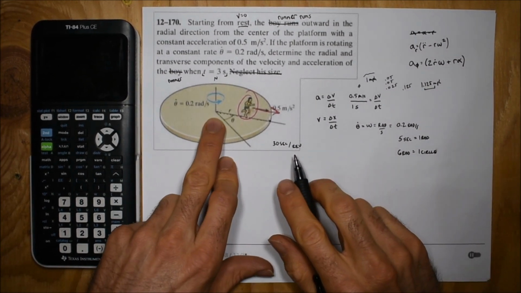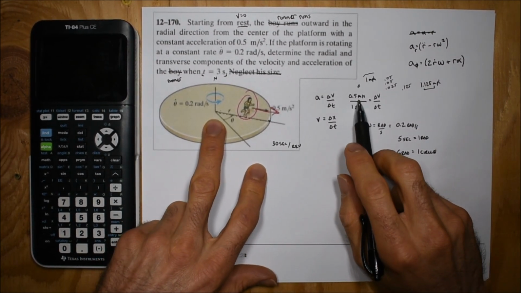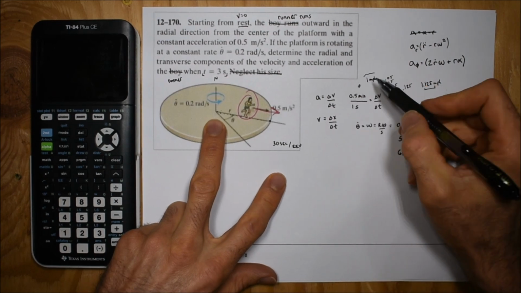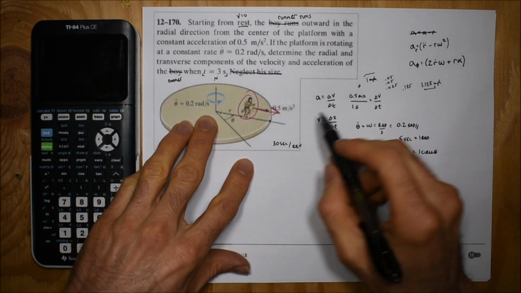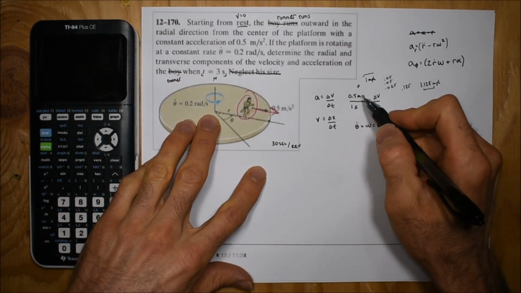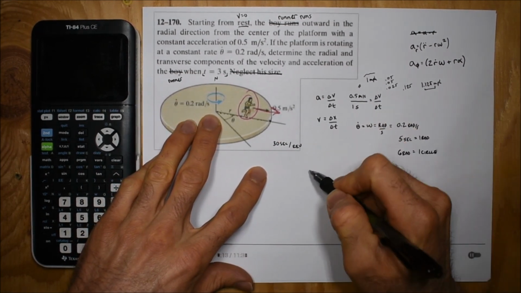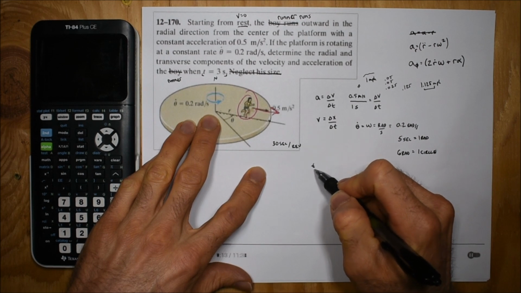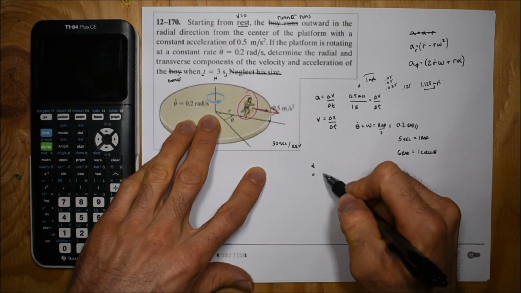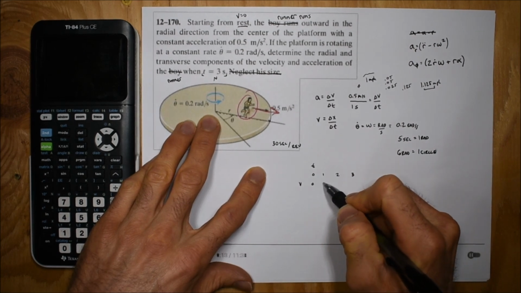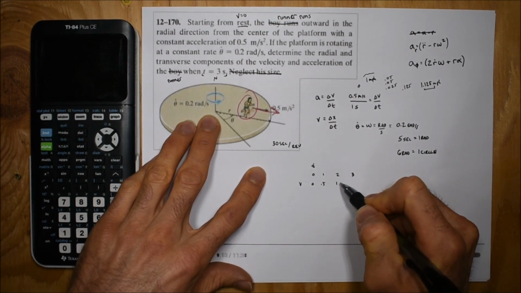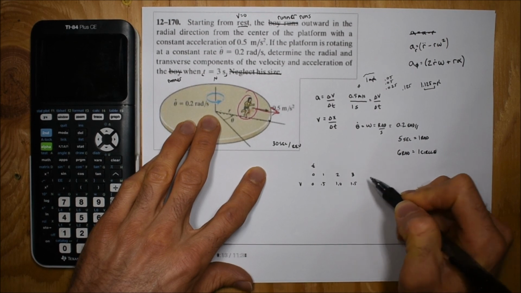Okay, so in the first second you were going 0, and by the end of the first second, hell yeah, now your time is going to be 0, 1, 2, 3, and your velocity is going to be 0, 0.5, 1.0, 1.5.